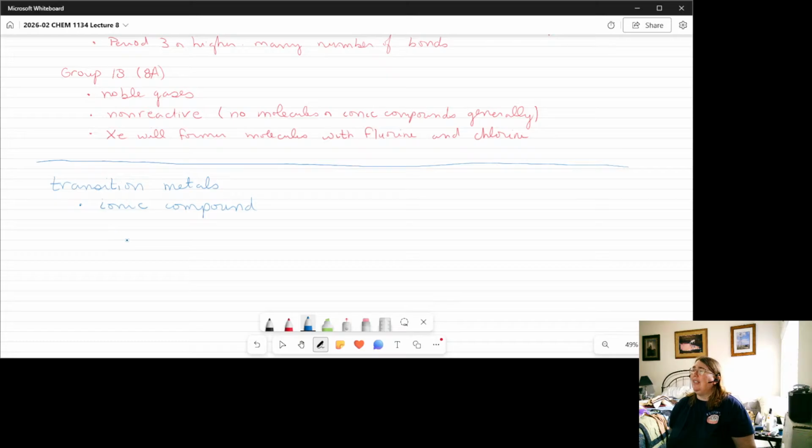The issue is they tend to have different charges when they form ionic compounds. So this is one of those instances where you just have to memorize which metals form which charges.